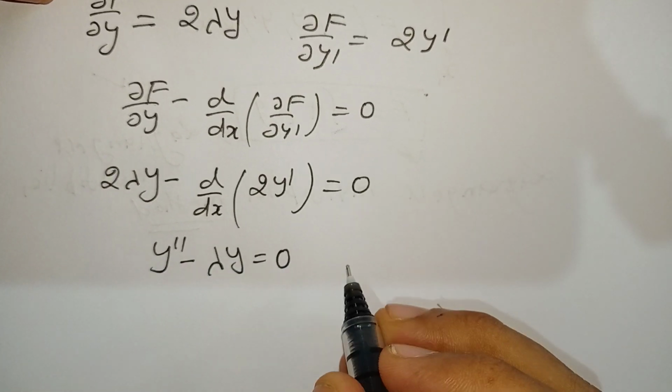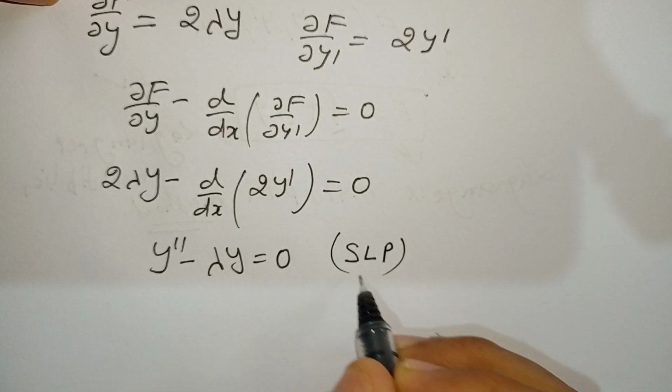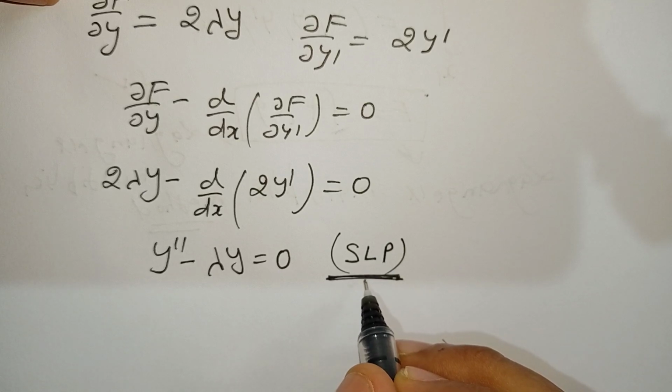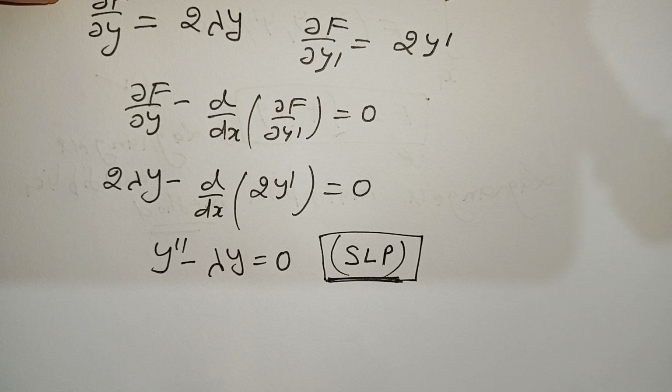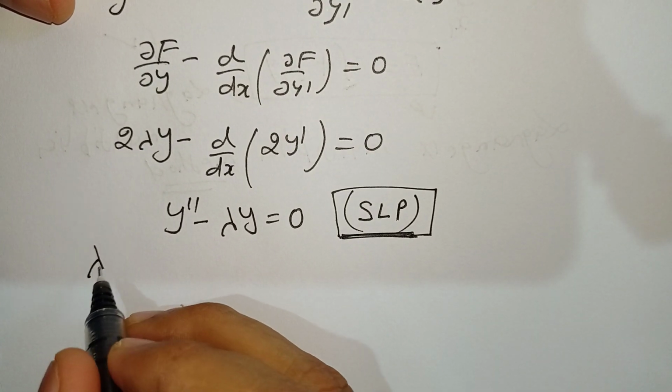So this is called the SLP problem, Sturm-Liouville problem. Okay. So the description of this SLP problem will be given; the link of this video will be given in the description box. Sturm-Liouville problem. So here we take lambda as negative.